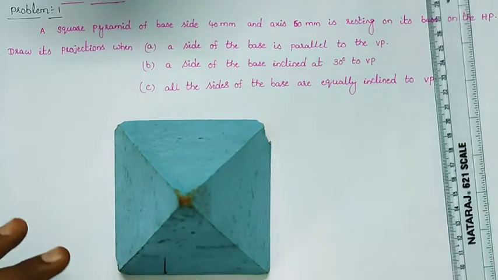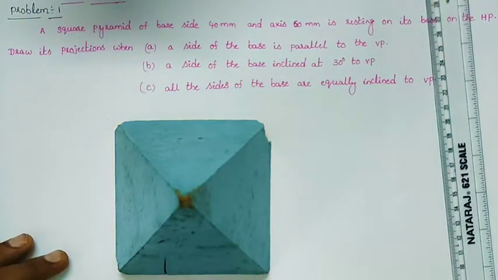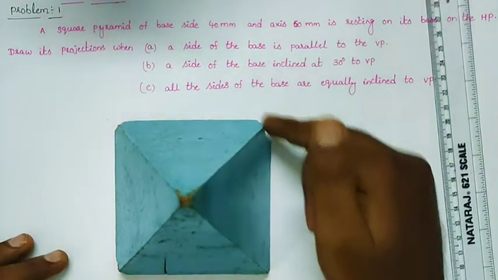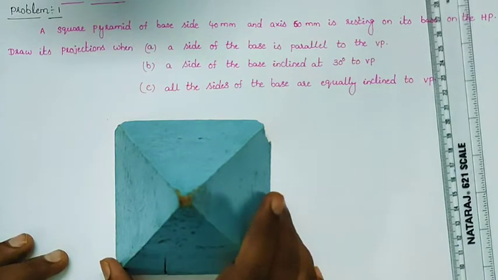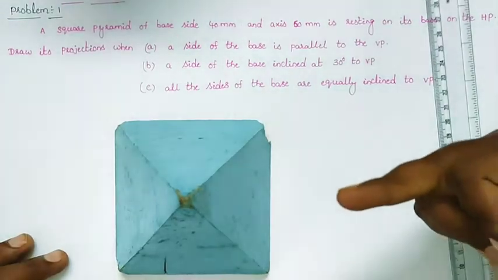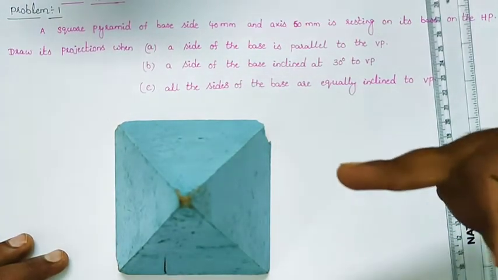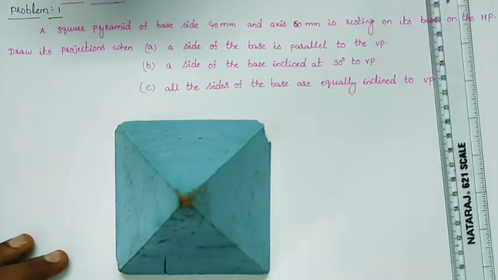In this position, if you see the object from the top view direction, we will see the base. So first of all we will draw the base of the square pyramid. After that, if you see the object from the front view direction, we will get the rectangular face as the front view of our diagram.